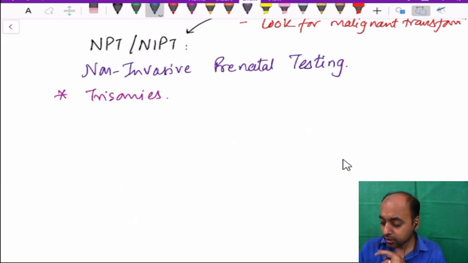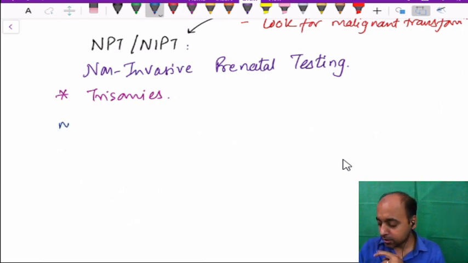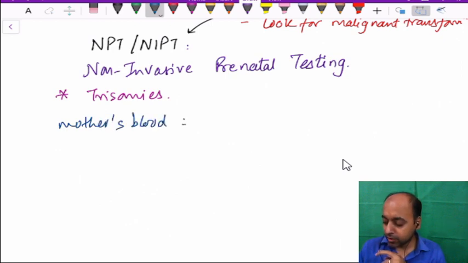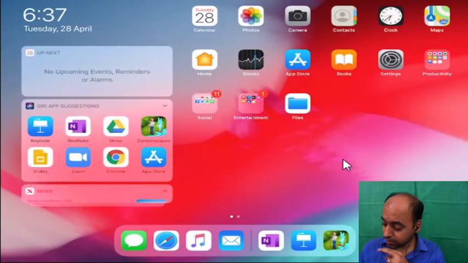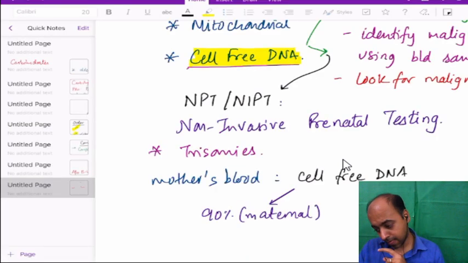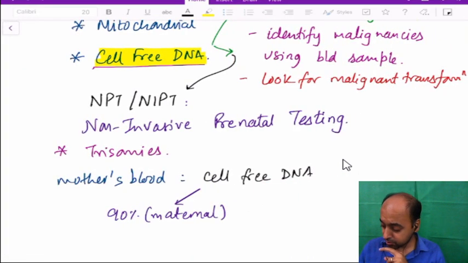So how do we do it here? In the mother's blood, if you take up the cell-free DNA, majority of it is maternal in origin, but about 10% is fetal in origin.